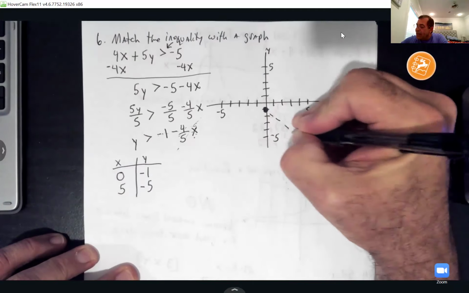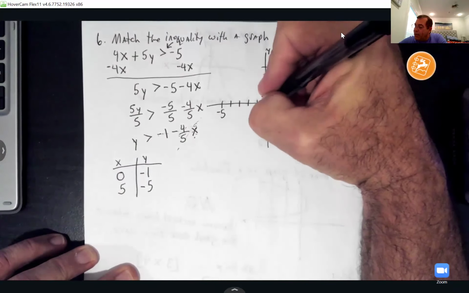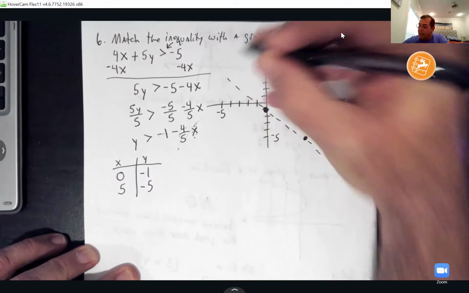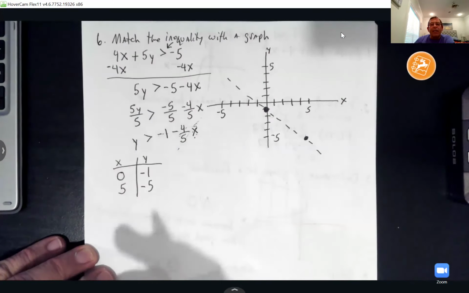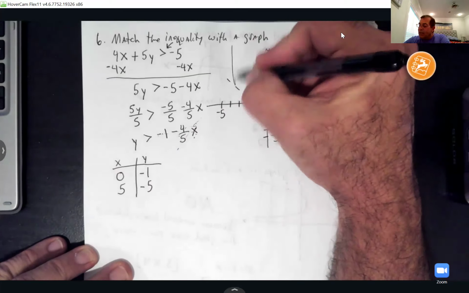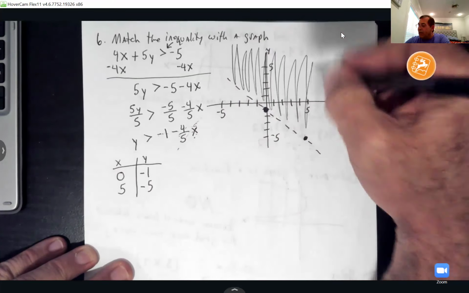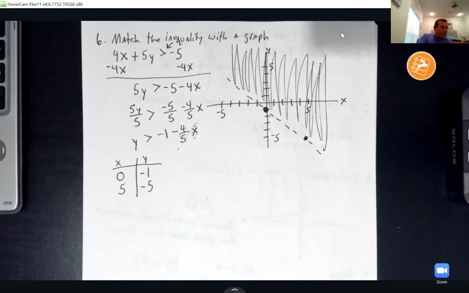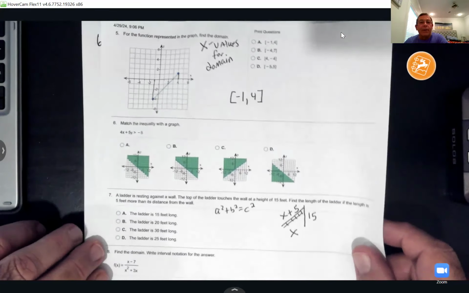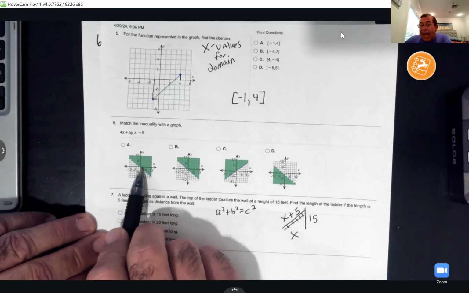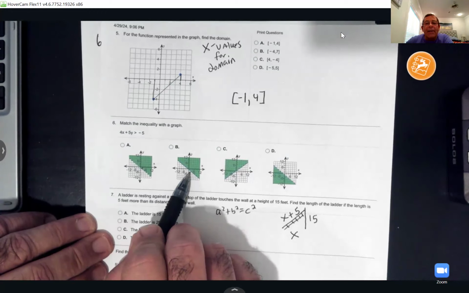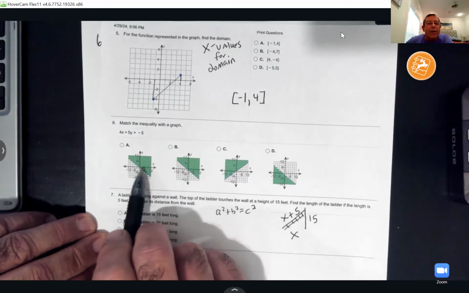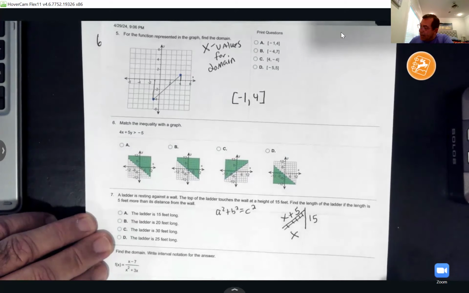So my line is dashed going down through here. And it's greater than, so remember, greater than shades above the line. So it's going to shade all this above the line. And y'all look at these, you got to be careful. You got a dashed line here. You got a solid line here. Be very careful when you're picking them so that it matches your graph with the dotted line, okay?